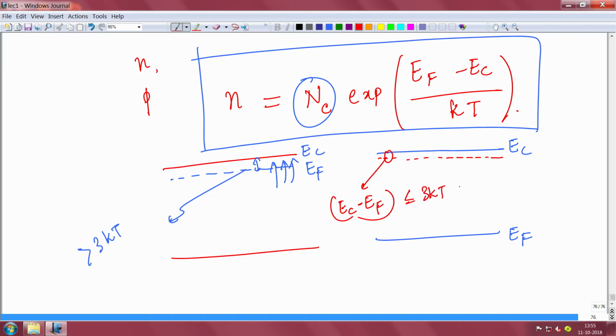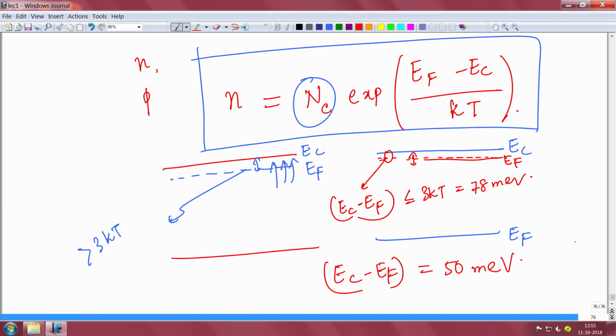For example, at room temperature 3 kT is around 78 millielectron volt. But if I dope it very high, so that your Fermi level comes sufficiently close to the conduction band, such that this gap EC minus EF is, suppose, only 50 millielectron volt at room temperature, which is less than 3 kT, then the Maxwell-Boltzmann equation cannot be applied.